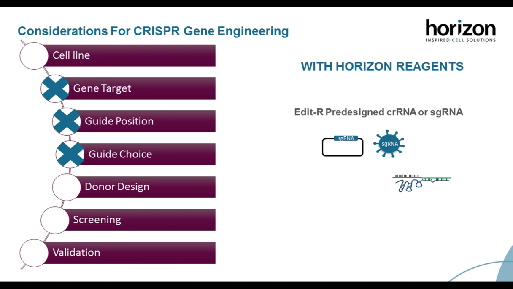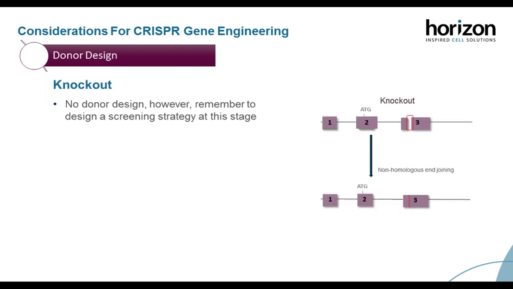Mainly it is, as I'm going to say again, that your guide RNA cut site is as close as humanly possible to the knock-in location, so to the area that you want to modify. Another consideration is to incorporate a screening strategy into your targeted population. This could be a restriction site, or maybe a specific DNA region that you can amplify up later on.